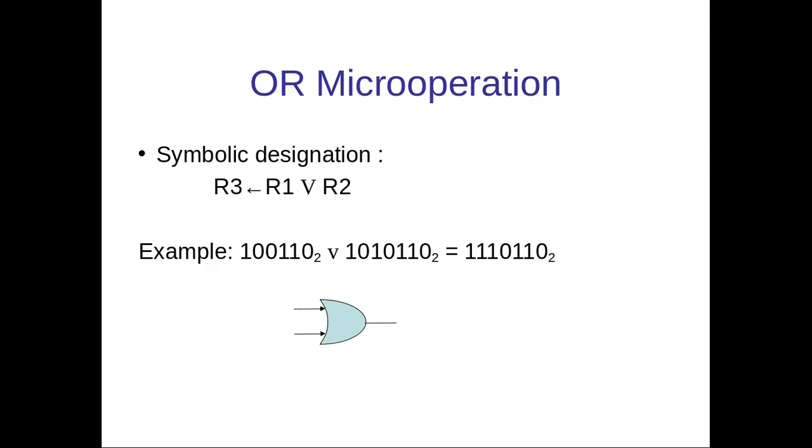First we can consider the OR micro operation. The symbolic designation is the OR symbol. R3 gives R1 or R2. This is the register transfer logic expression corresponding to the OR micro operation. For example, we have two data, these are the two register contents. If we perform OR, then a bitwise OR will be performed and we will get a result.